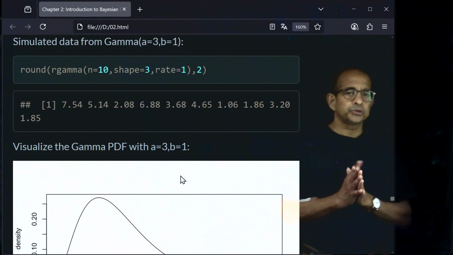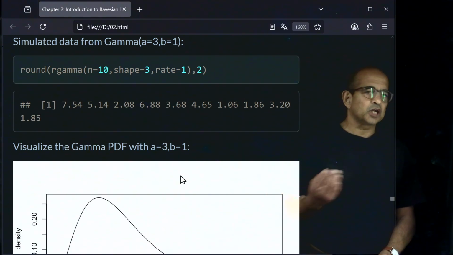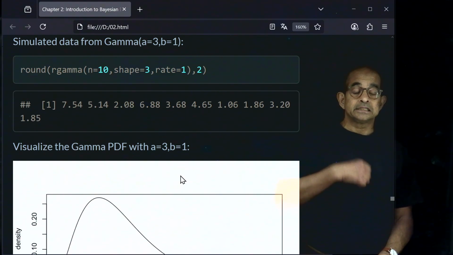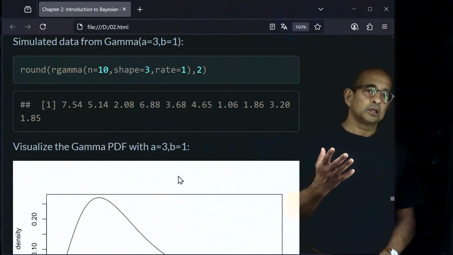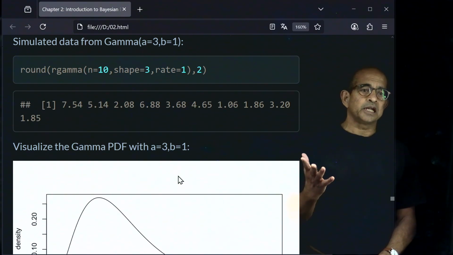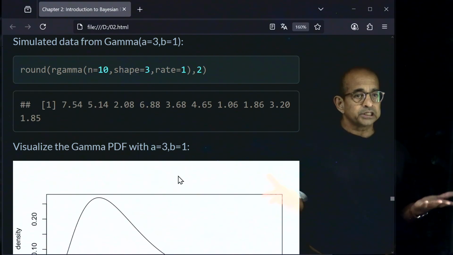The reason I'm showing you how to visualize the gamma distribution is that when you're trying to figure out a prior for a particular parameter, it is very useful to plot your assumed prior distribution to get a graphical summary of what it represents.